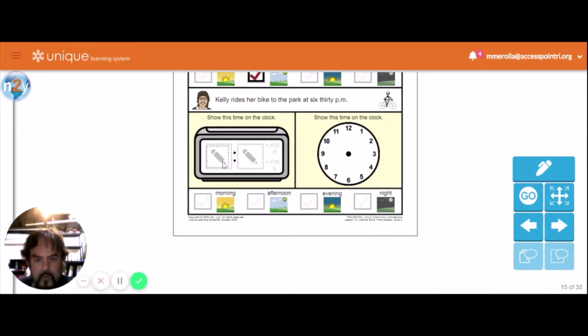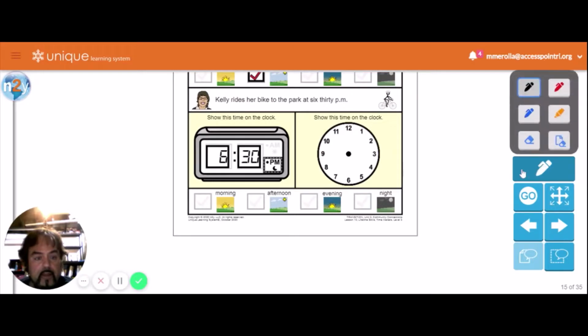Okay, I'm having a little trouble typing in the box here. 6, very good. 6:30, okay. And that's what 6:30 p.m. looks like on the digital clock. And 6:30 p.m. on the analog clock.